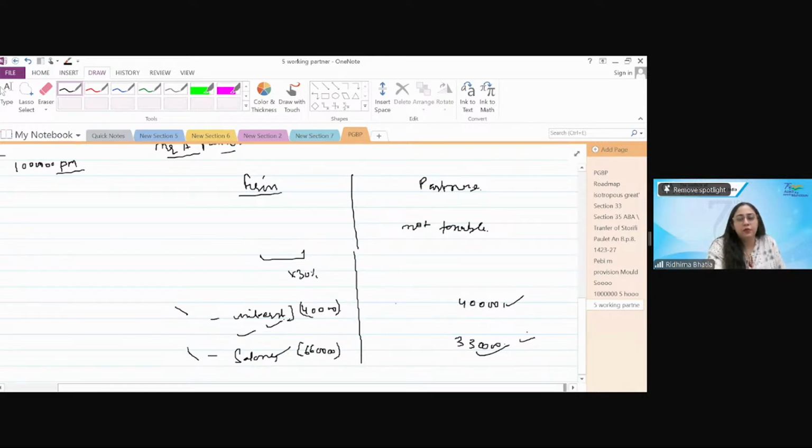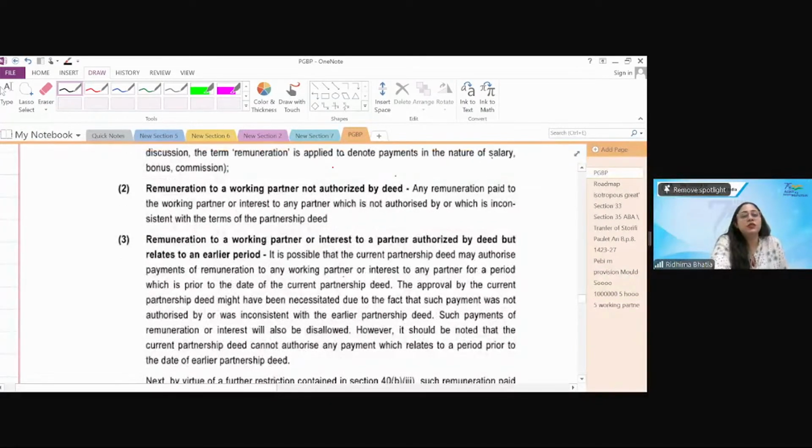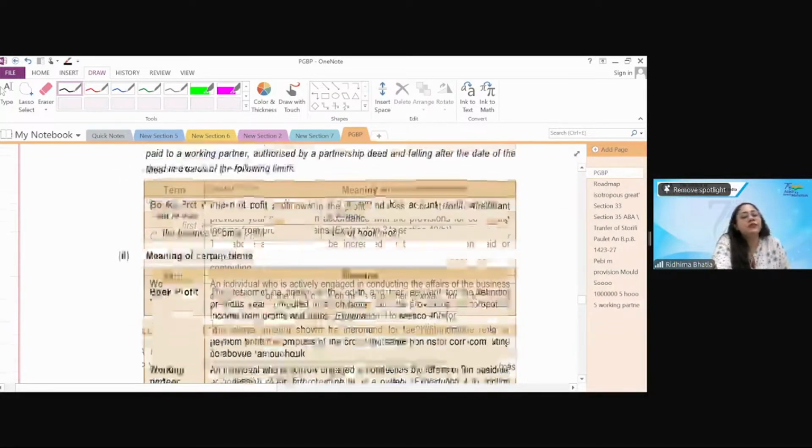Got it? Perfect. See, if you understand the concepts and the logic, you would be able to do the question very easily.